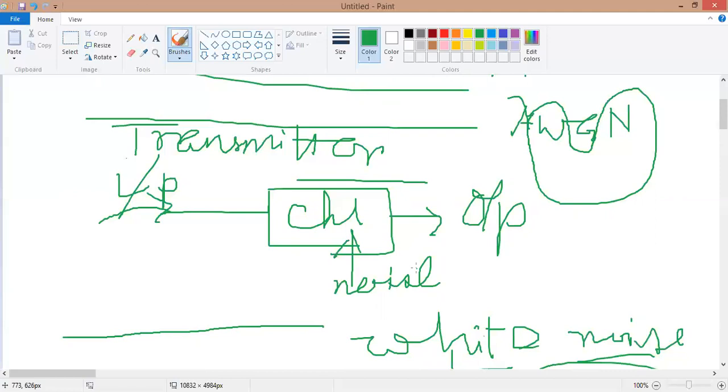Some noise component may be spread over a certain spectrum region, and that may be added when the desired signal is propagated over that spectrum. So these are the noises.